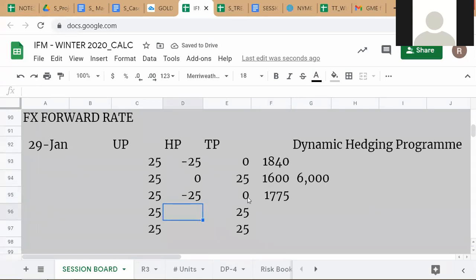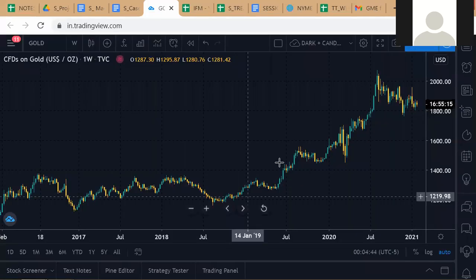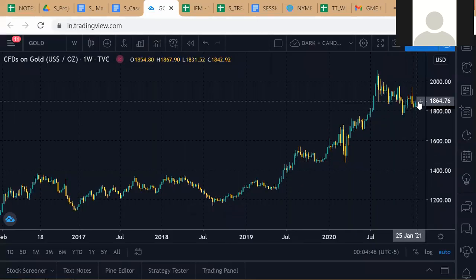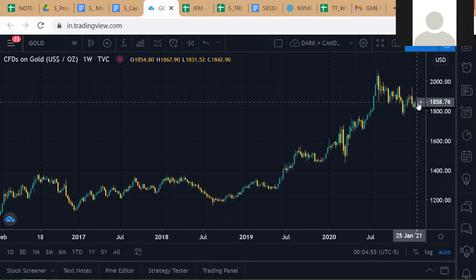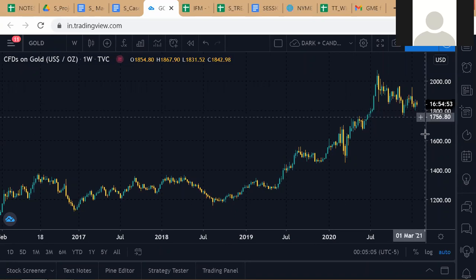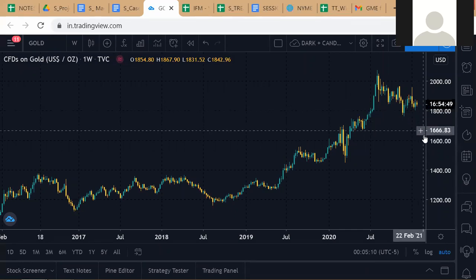Again, you will make the total position 0. You hedged it here, made the total position 0, market dropped here to 1600, because here I'm only trying to show you what a dynamic hedging program is. So you hedge first 100% at 1840. Market drops, your underlying position is long, your hedges are short. Market drops to 1600. You have a strong view the market will rise to 1775. You implement your view, you square off your short hedge, make the hedge position equal to 0.